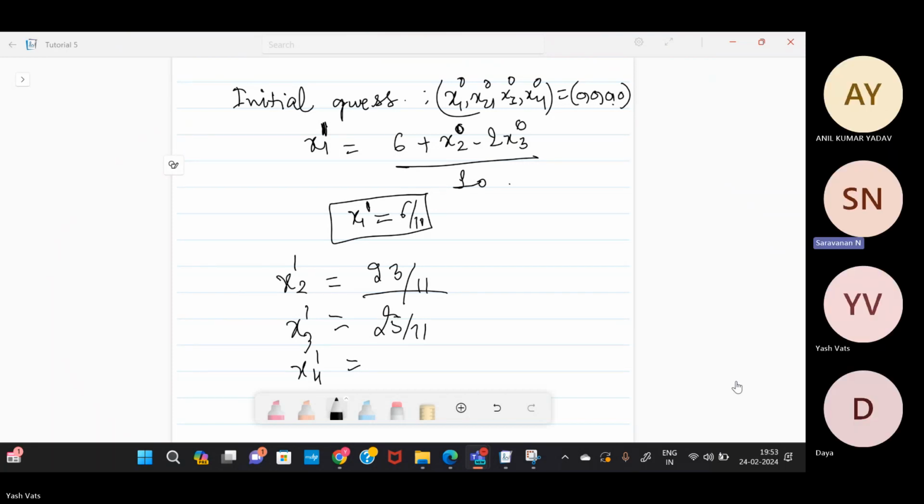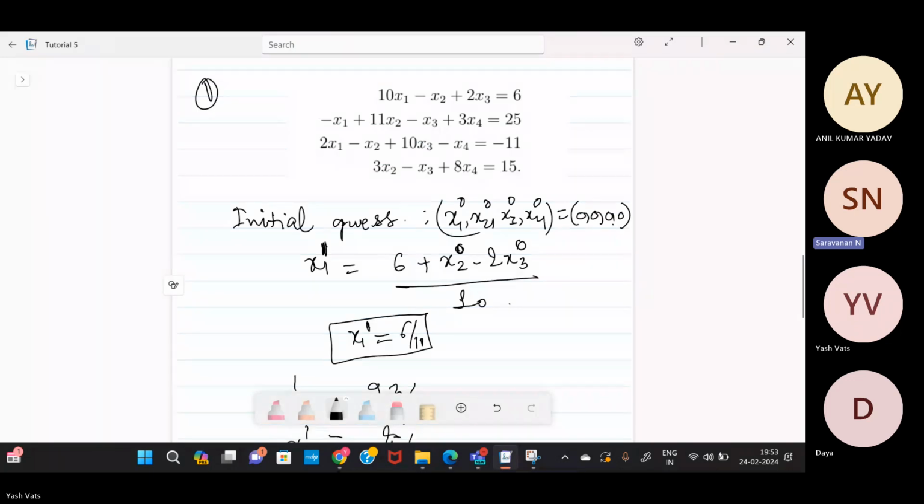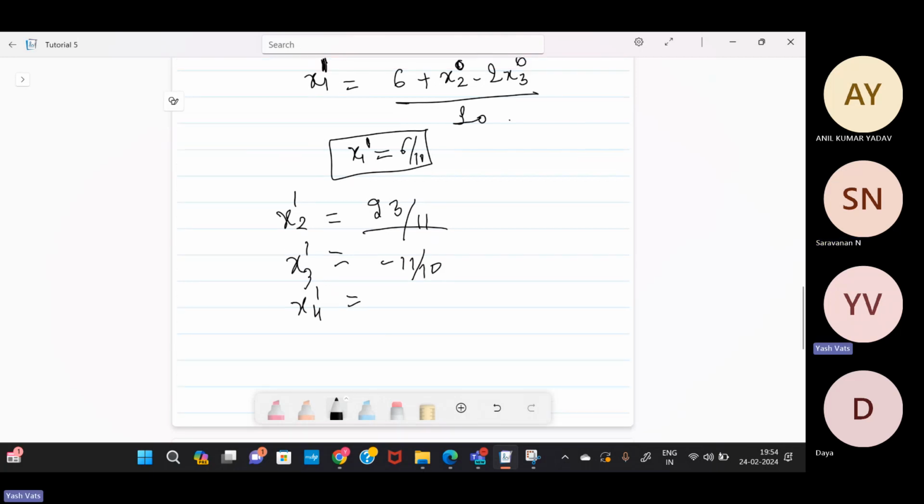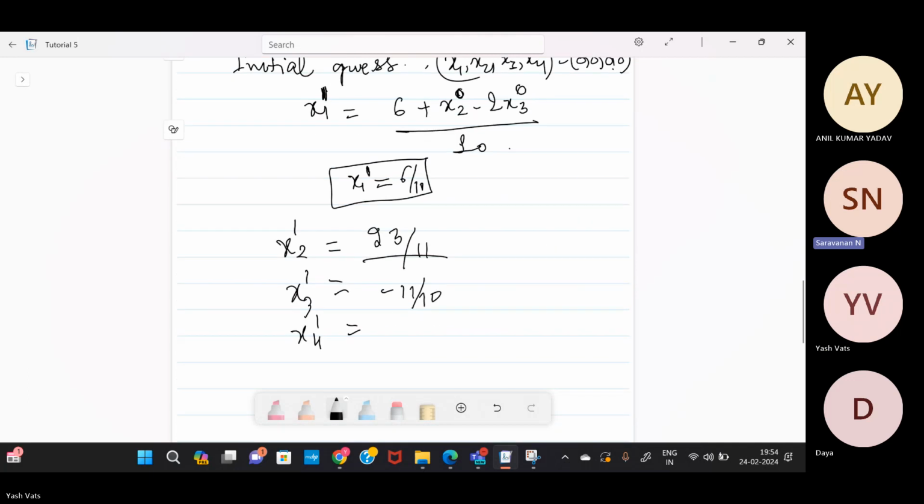Yeah, 25 only, because other numbers are 0 only, no? x3 is minus 11 by 10, is it? Yeah, x3 is minus 11 by 10, because all other terms are 0. And x4? x4 is 15 by 8. So you find these first iteration values.